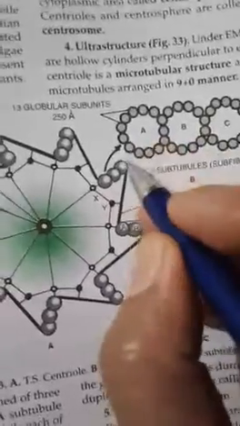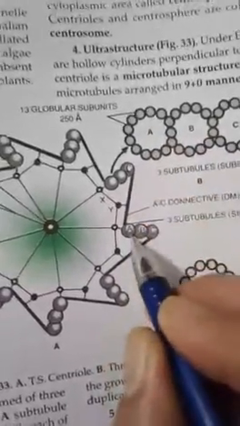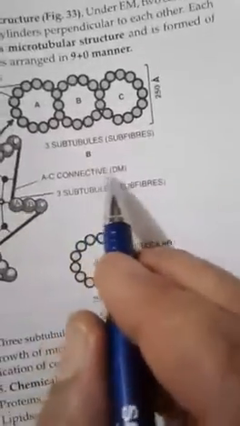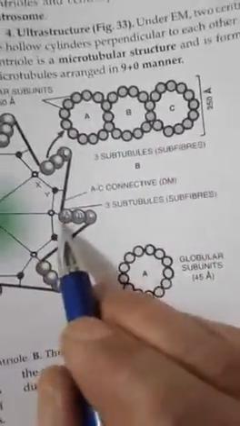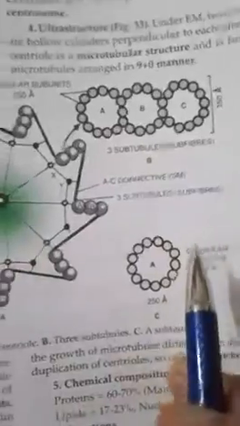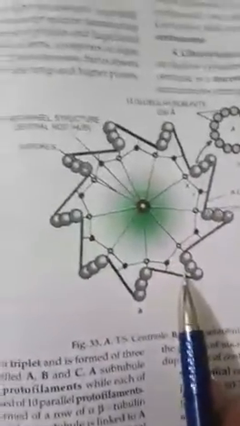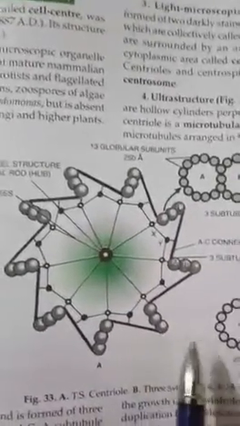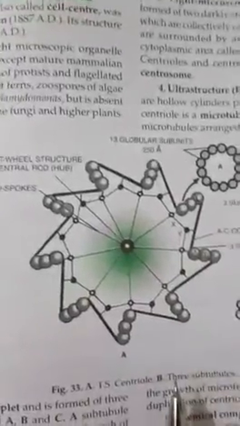So this is C and this is A. So the A and C connecting link is there, and these are three sub microtubules as they have shown here also. Okay, so this arrangement of centriole is called what? The 9 plus 0 arrangement. Okay, it forms the centriole.